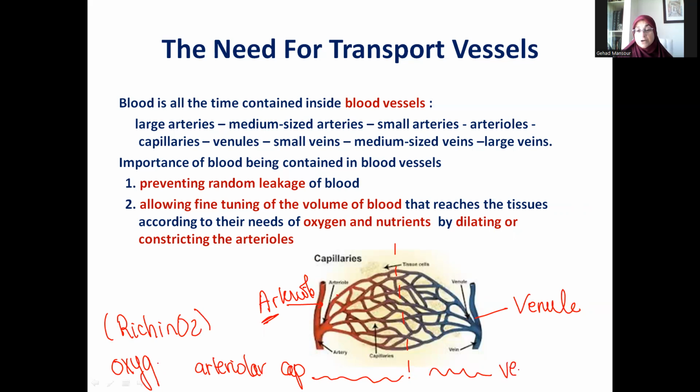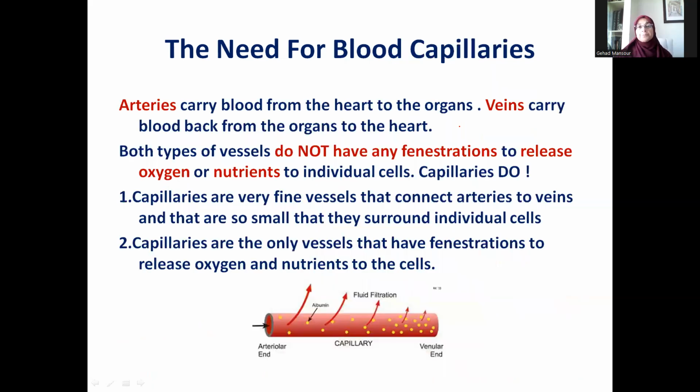whereas the other side, which is the venular side of the capillary, carries deoxygenated blood, because after blood has passed on the cells in between the gaps of the blood capillaries, they consumed a great part of the oxygen, and that's why upon reaching that side of the circulation, we will have deoxygenated blood that will return to the heart and then to the lungs in order to be reloaded with oxygen and unloaded from carbon dioxide.